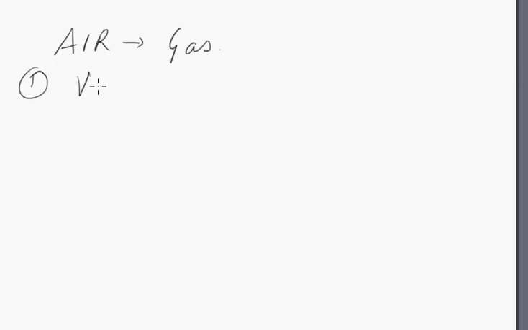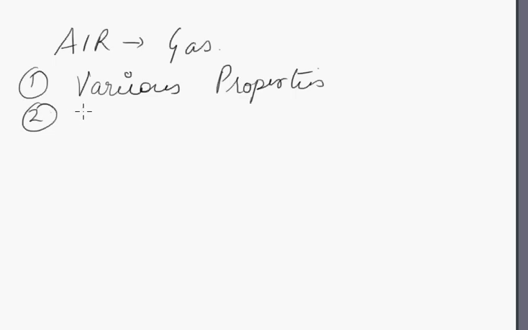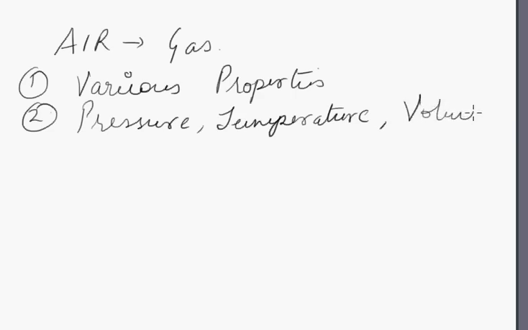They have various properties, which we observe by our senses, which include pressure, temperature, volume, mass of the gas. Basically, these are the standard variables which are contained in the gas.